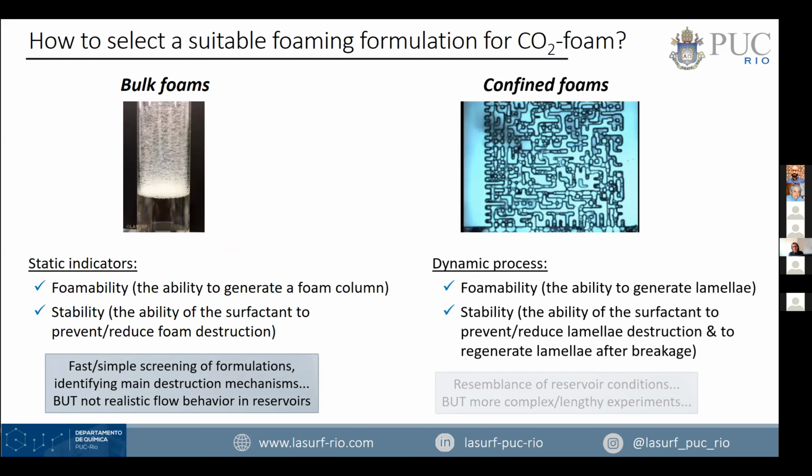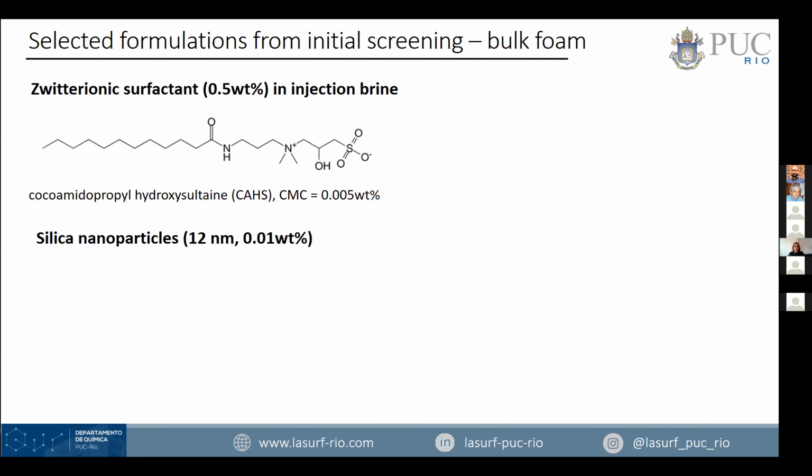In the case of these dynamic processes, we can achieve resemblance of the reservoir conditions in terms of the type of behavior and the type of flow, but the experiments are more complex and they take longer. So they have both advantages and disadvantages. And then I just wanted to show you some examples that we have done in the lab using both approaches to study these formulations for CO2 foams.